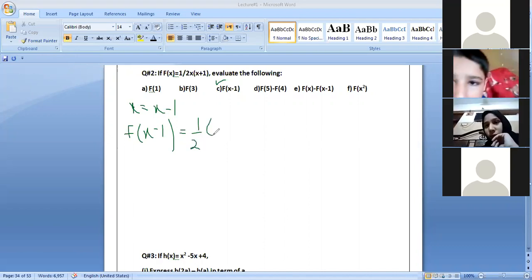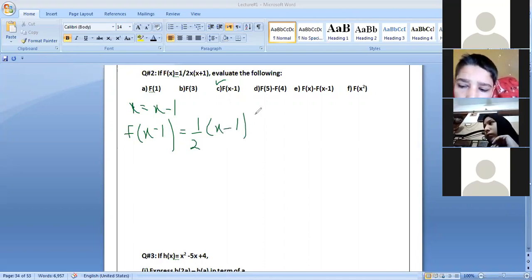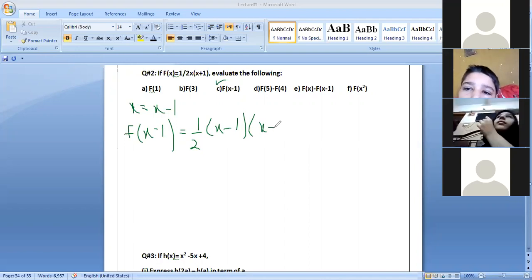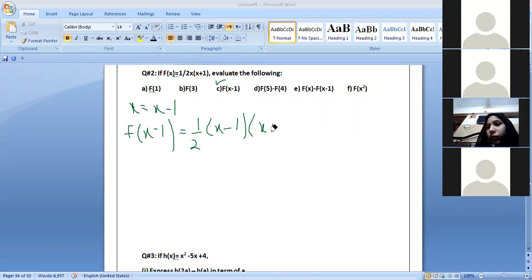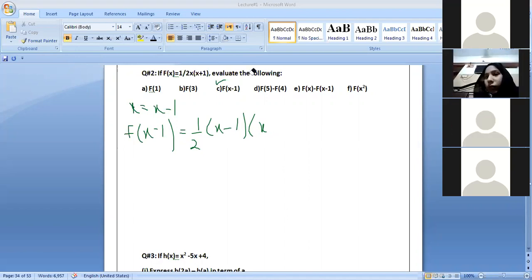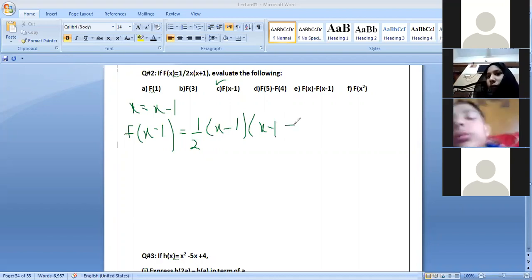In place of x, we will write x minus 1. Okay, class? And this is the value of x, and then a bracket x plus 1. In place of 1, we will write x. Sorry, it's a mistake. It becomes x minus 1. And plus 1 is given in question like this.